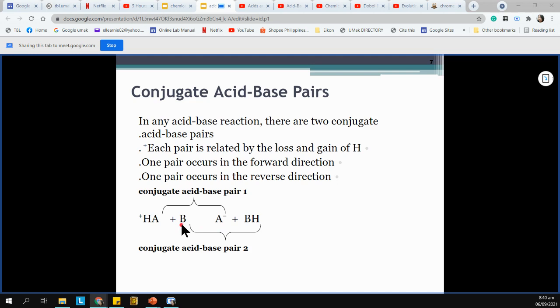And then the base in the conjugate acid-base pair 2, or the base on the reactant, will be the acid on the product. So if the reactant is an acid, in the product it becomes a base, and the base in the reactant will become an acid in the process. That's why we have what we call conjugate acid-base pairs.